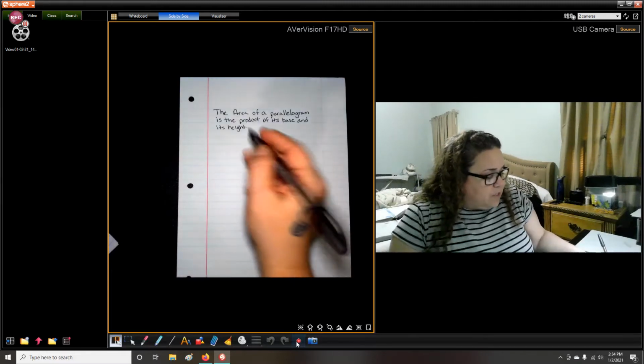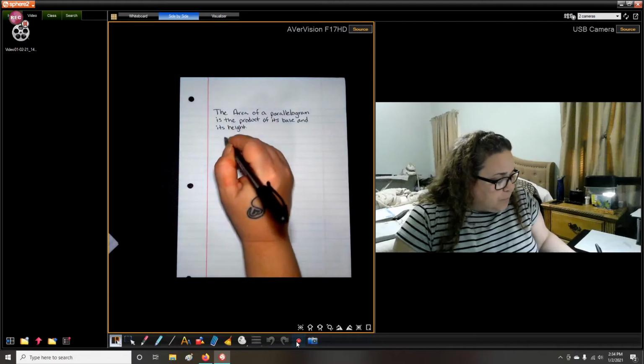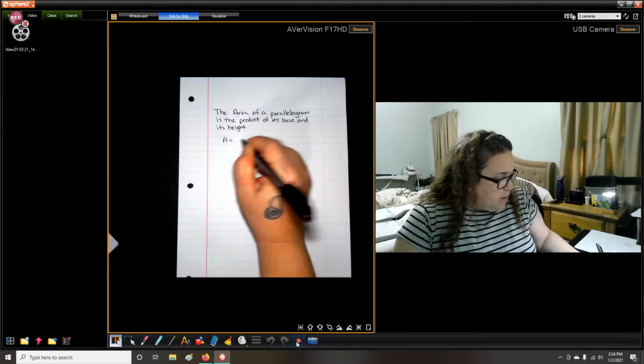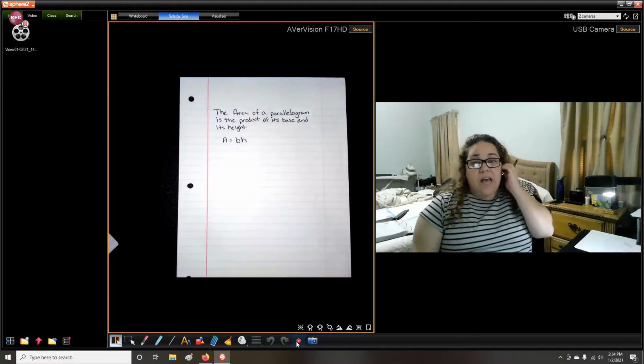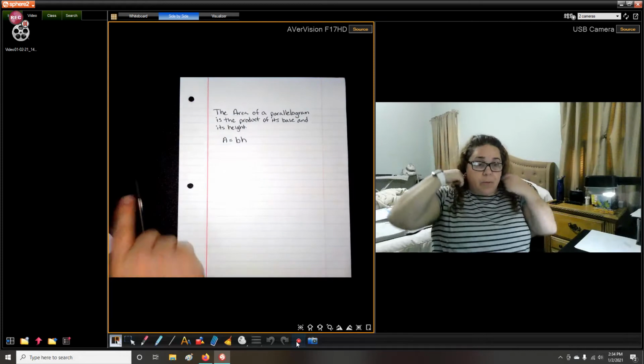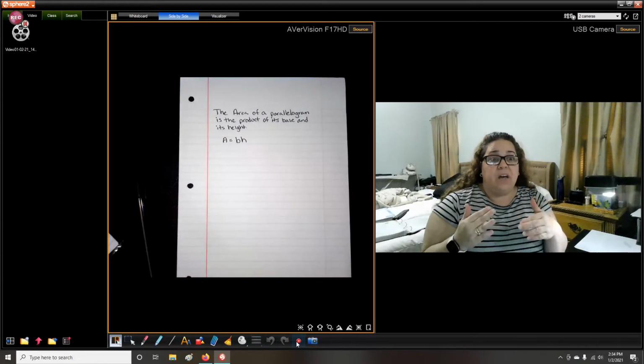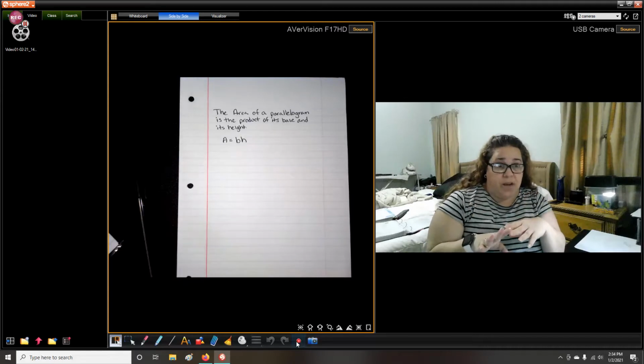All right, so this is what the formula looks like. Area equals base times height. Remember that the B and the H are variables, because you're going to put a number in there.